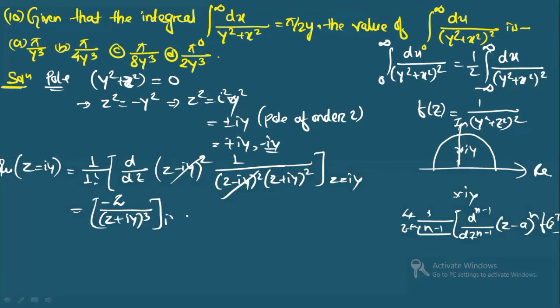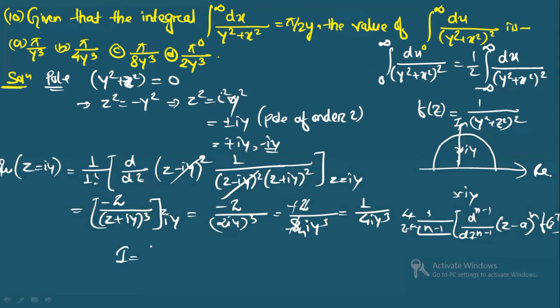When you put z equals iy, you will get minus 2 by (2iy) whole cube. 2 cube is 8, i cube is minus i, y cube is y, so minus minus gets cancelled, and 2 fours are 8. So you will have 1 by 4i y cube.